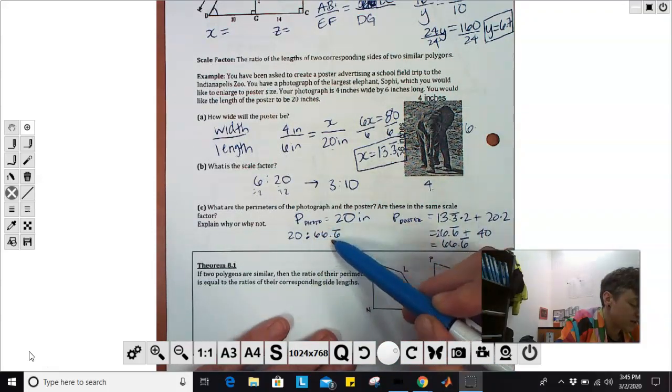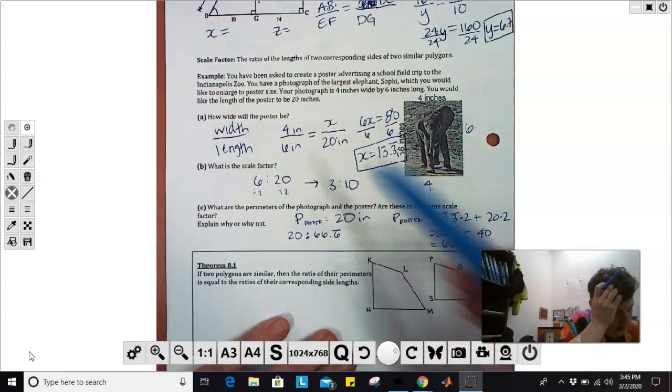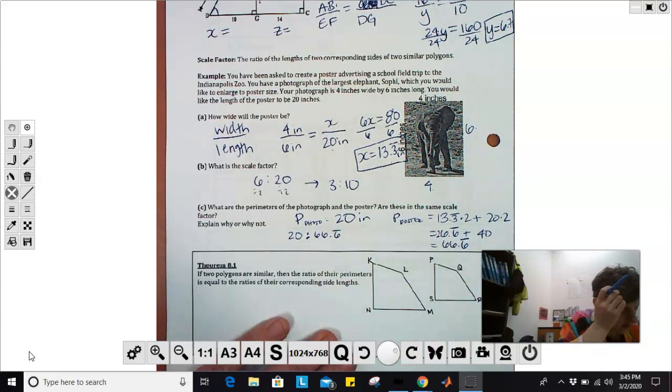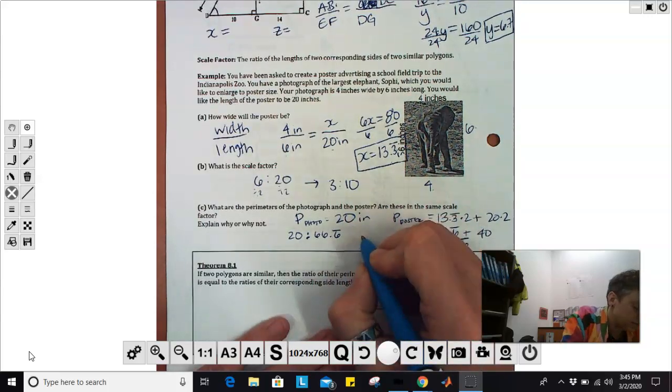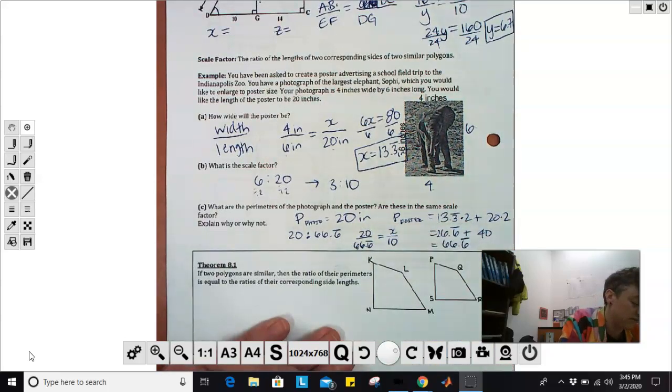If we could somehow make this into 10 and see what that was related to that. Or maybe, let's see if 20 over 66 2/3 is equal to 3 out of 10. Let's see if that's true.